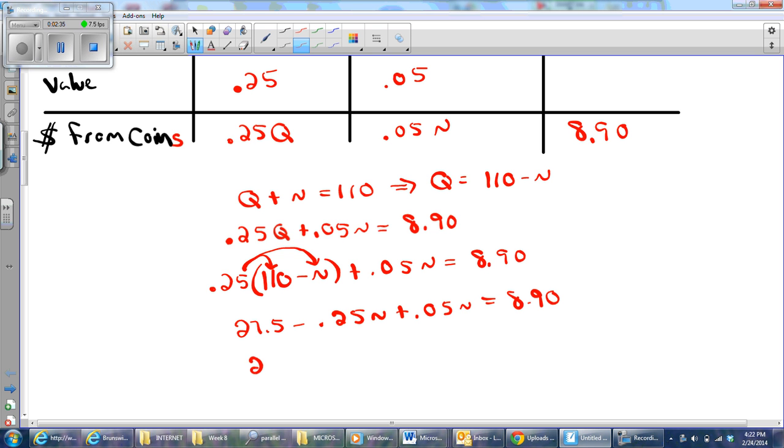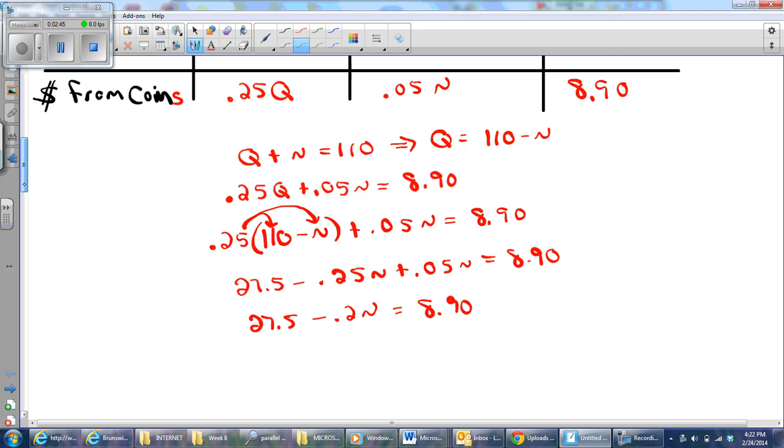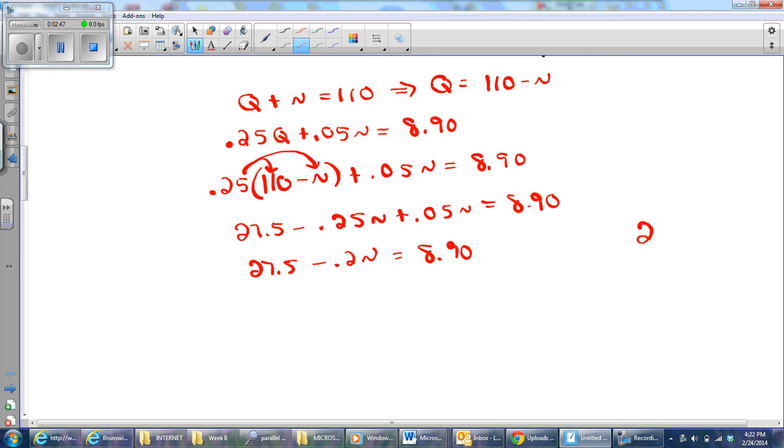All right, let's combine some like terms over here on the left-hand side. It looks like I'm going to get negative 0.2N. And then I have to do 8.90 minus 27.50. Well, let's think about this. 27.50 minus $9 would be $18, right? Oh, 18.50, excuse me, silly me. 18.50, okay.